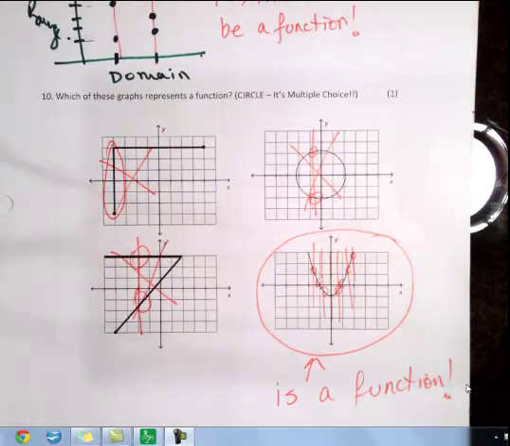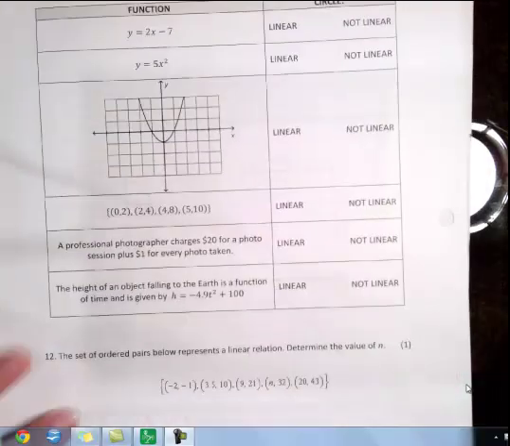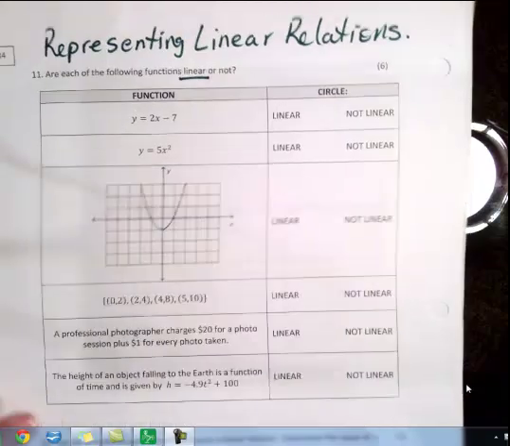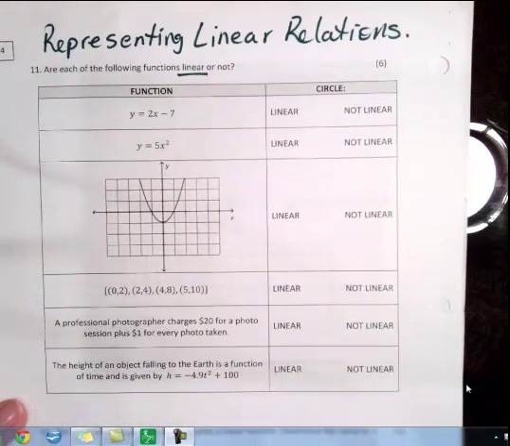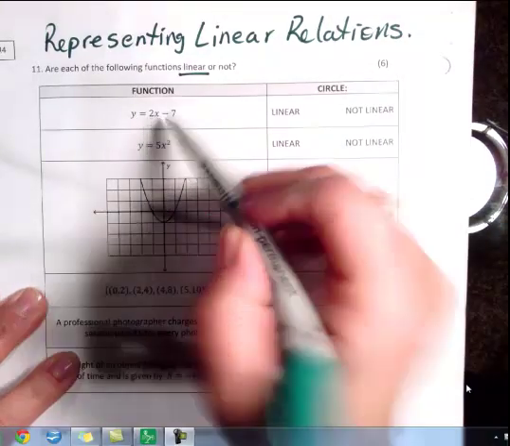Okay, all right. Now, next one, this is R4, representing linear relations, and it's just asking whether they are linear or not. Okay, so here we notice it's actually the equation of a linear equation.